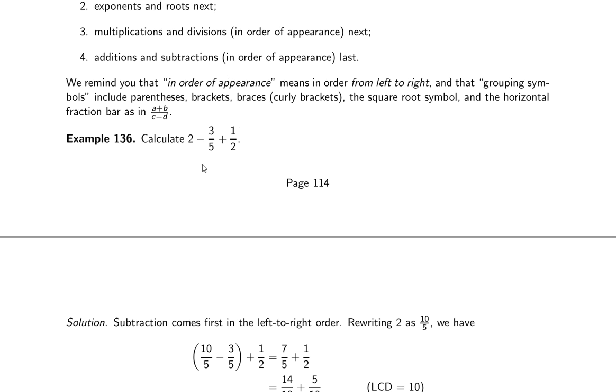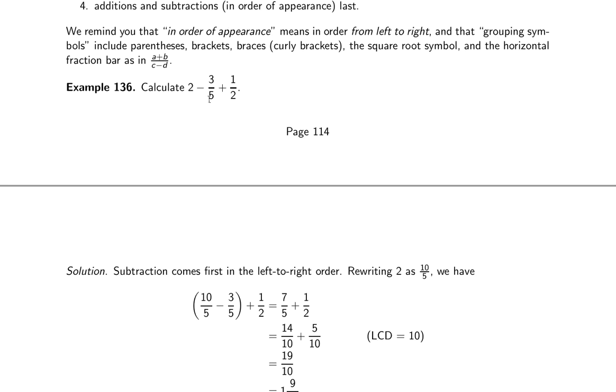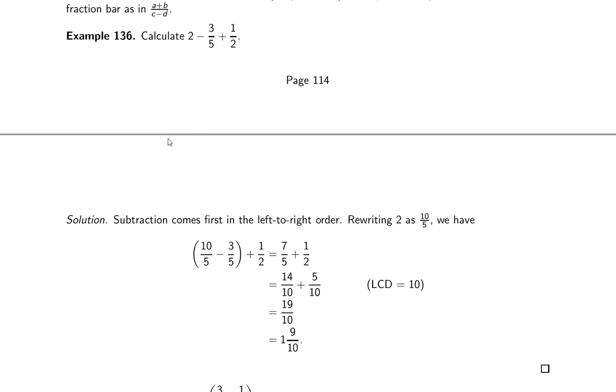So for this one, do you do the subtraction first or the addition first? So you do the subtraction first because it's on the left. Okay, so we're in this last case. So you'll do 2 minus 3/5 first. 2 is 2 over 1.